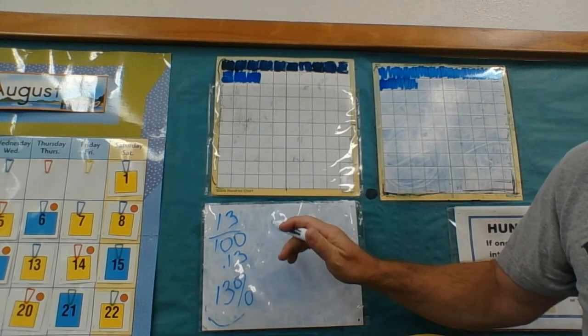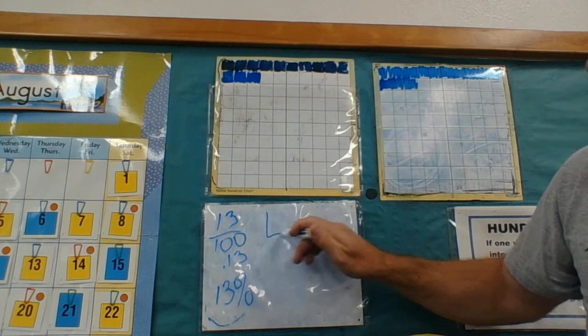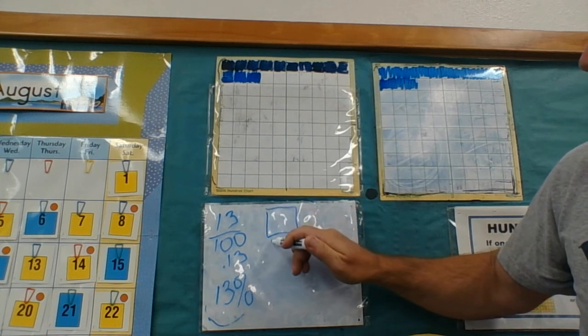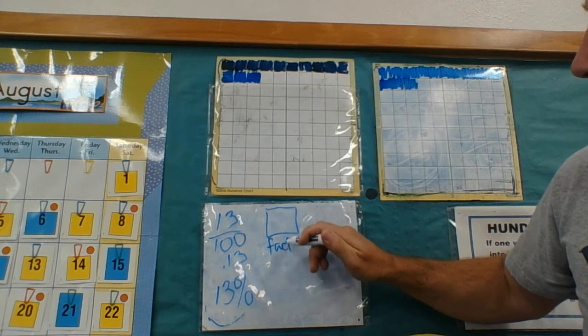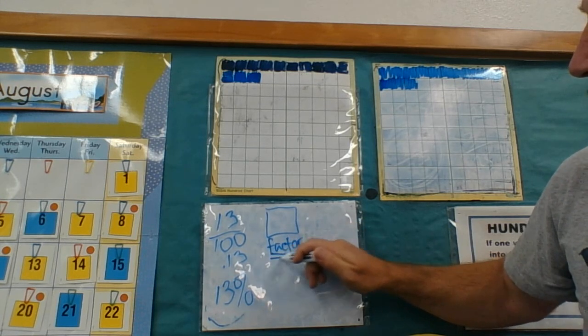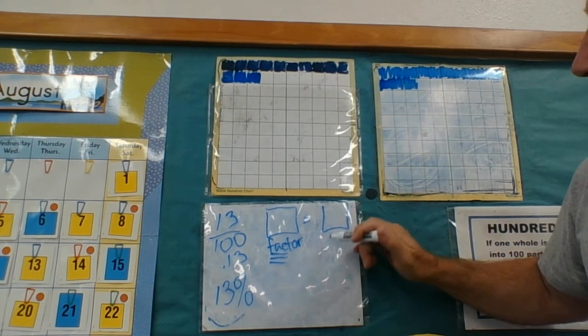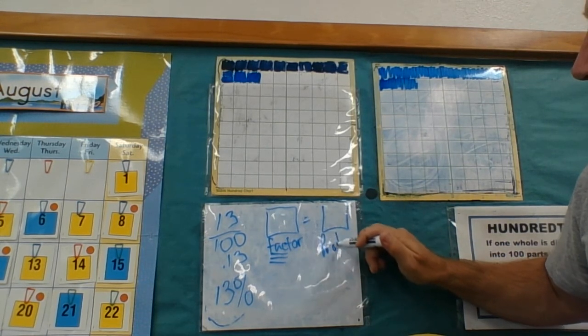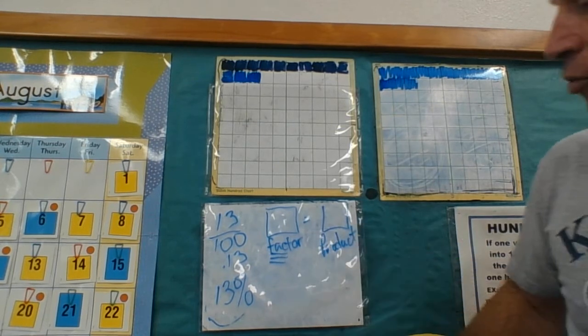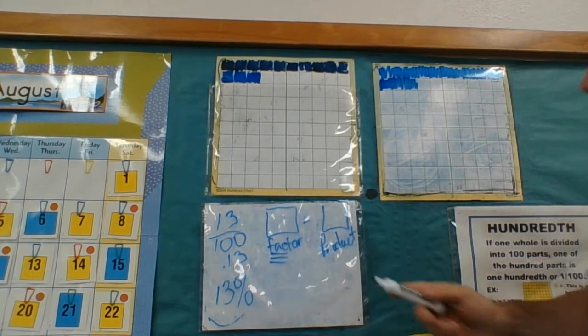If you knew that 13, its factors, and remember factors, fac means to make, like a factory, and the answer to a multiplication problem is called a product. Just like a shoe factory or a car factory comes up with a product.